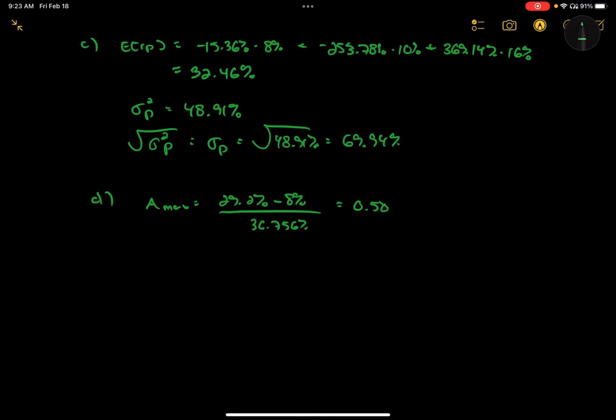So we can do Amin the same way. Same formula, but using the risk-free rate of 6%. And we get 2.11.